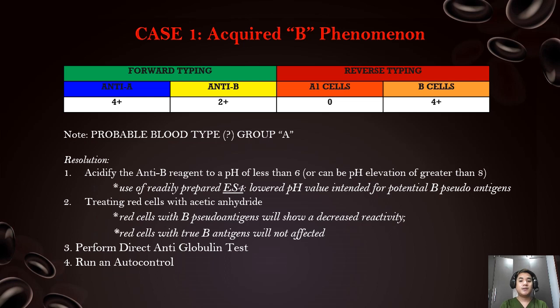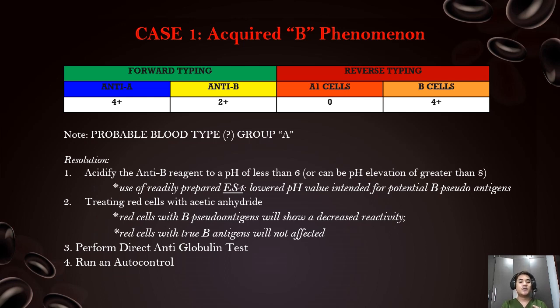This leads us to one of the resolutions, which is the addition of acetic anhydride to the red cells. The main action of this procedure is that it reacetylates the red cell antigenic structures, meaning to say it replaces the modified terminal sugar chains from the galactosamine into the original N-acetyl-galactosamine.